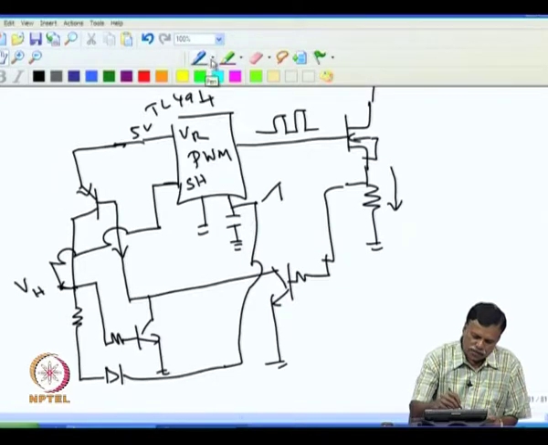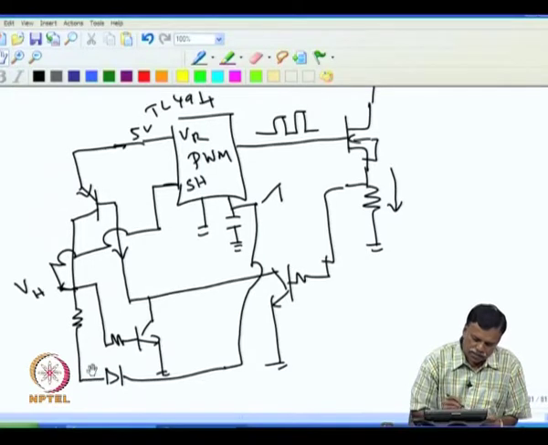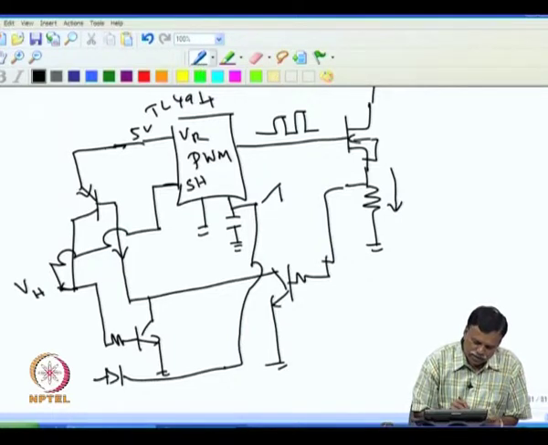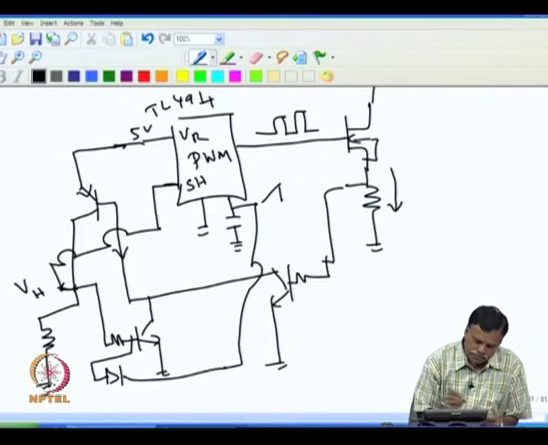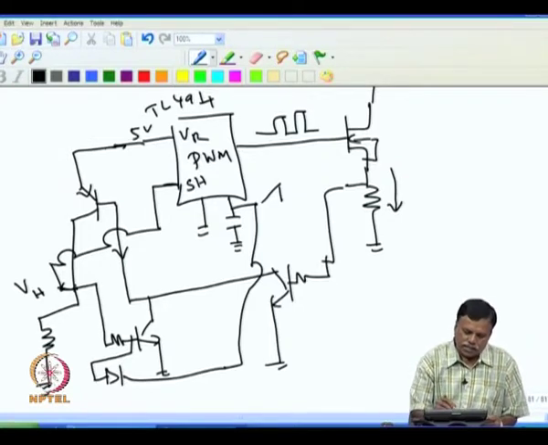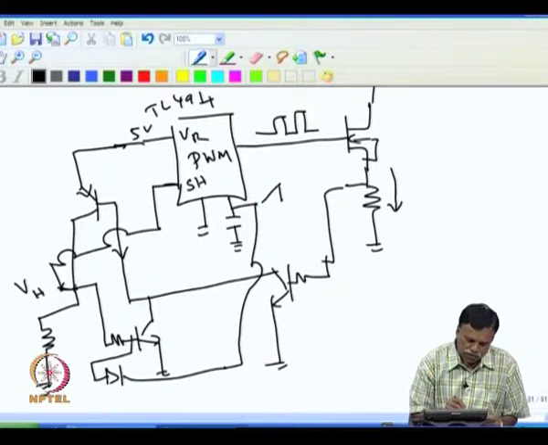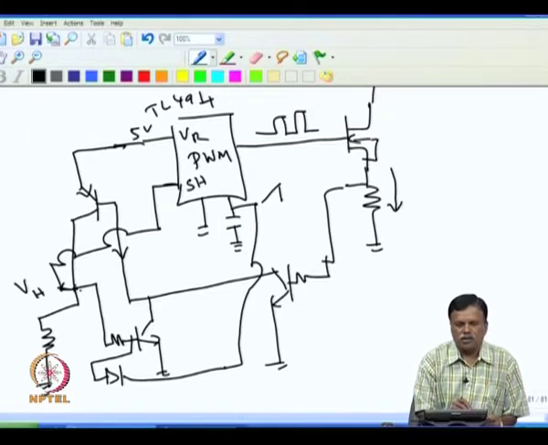For example, I can connect this diode here instead. So, I put this diode here. Now, once the voltage at this point drops to 0, this transistor goes out of conduction, and this voltage also will disappear.